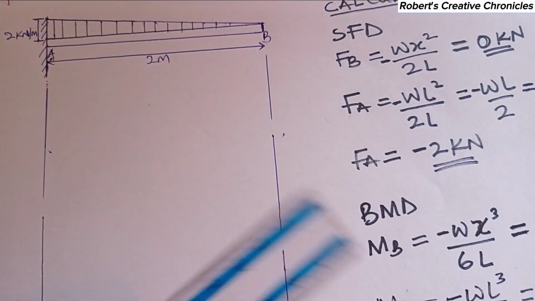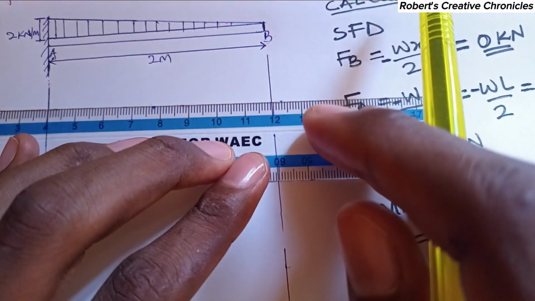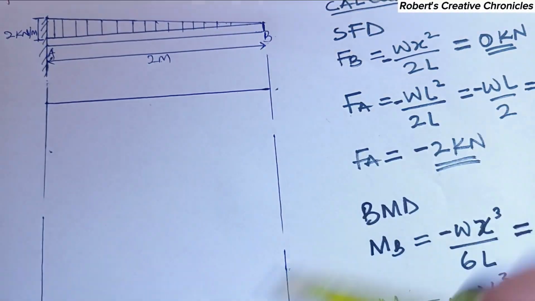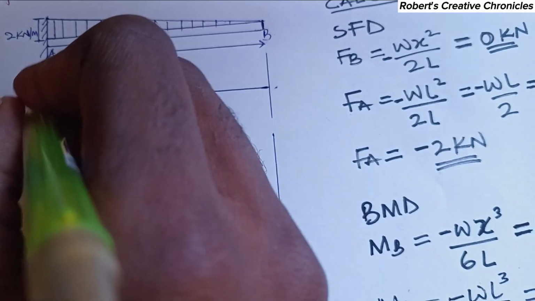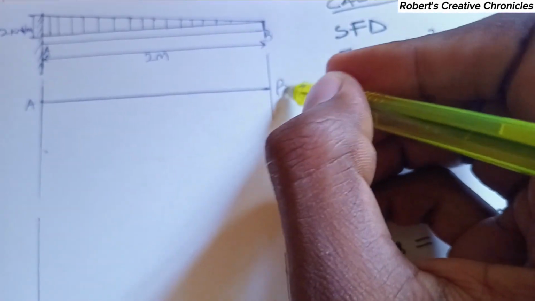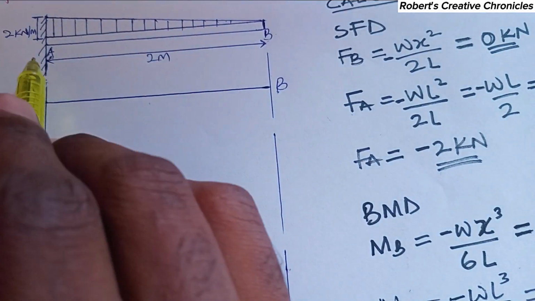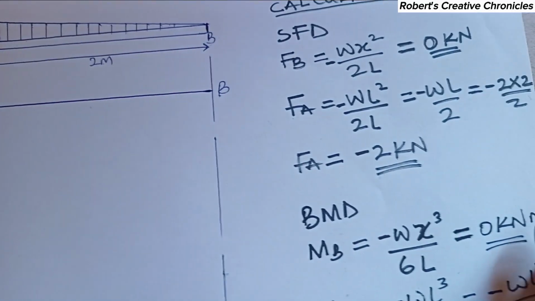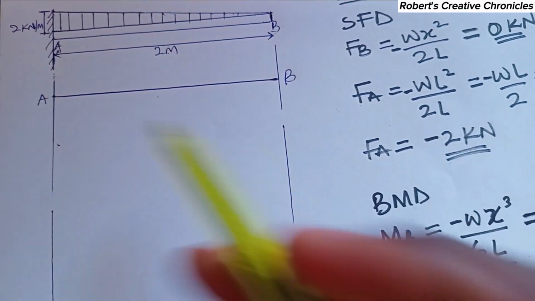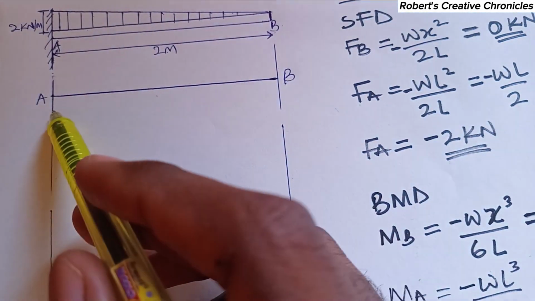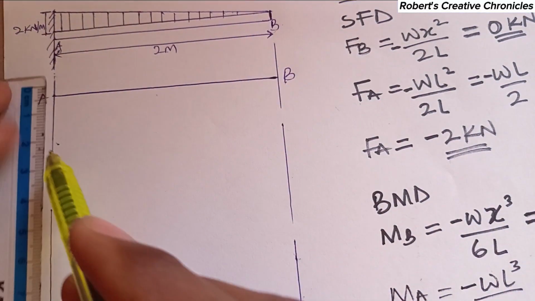So now we will draw the base to represent this line AB. So this will be our A, this will be our B. Now the value of the maximum shear force is negative 2. That's why we're coming down. Could have been positive 2, would have gone up. But since it's negative, we are going below the x-axis.